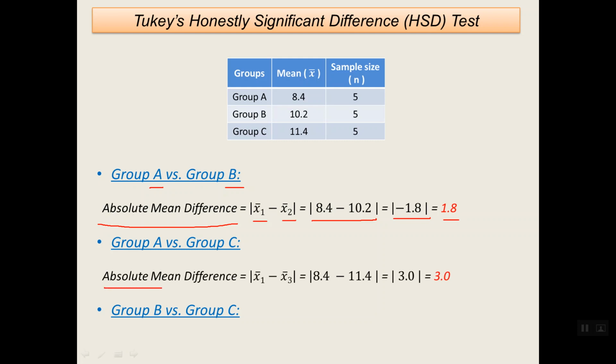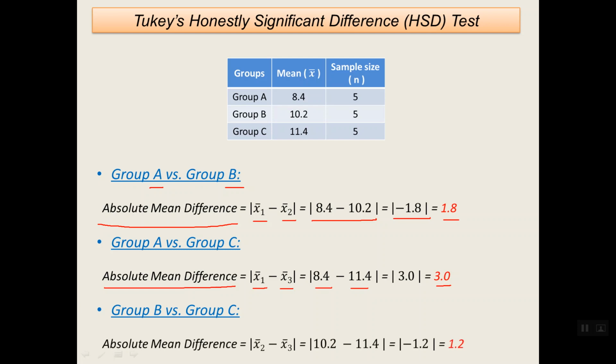The absolute mean difference is the absolute value of x1 bar, the mean of group A, minus x3 bar, the mean of group C. For group A, it's 8.4, as we can see from the table above, and for group C the mean is 11.4, so the absolute difference is 3.